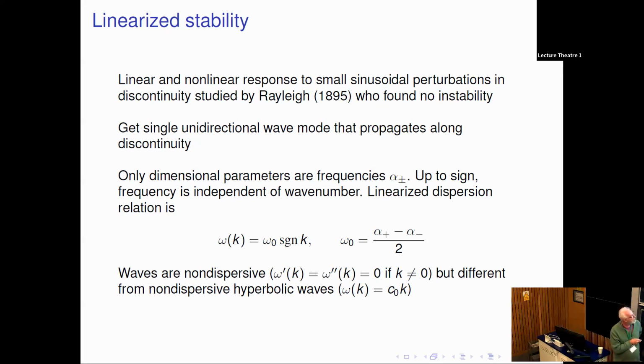They just have this basic frequency omega 0, which is the jump in the vorticity over 2. However, they're incompressible, unidirectional waves. Frequency has to be an odd function of k. So you get this dispersion relation, omega of k is omega 0 signum k, for the unidirectional wave. This signum k is basically the Hilbert transform. So that Hilbert transform comes in.